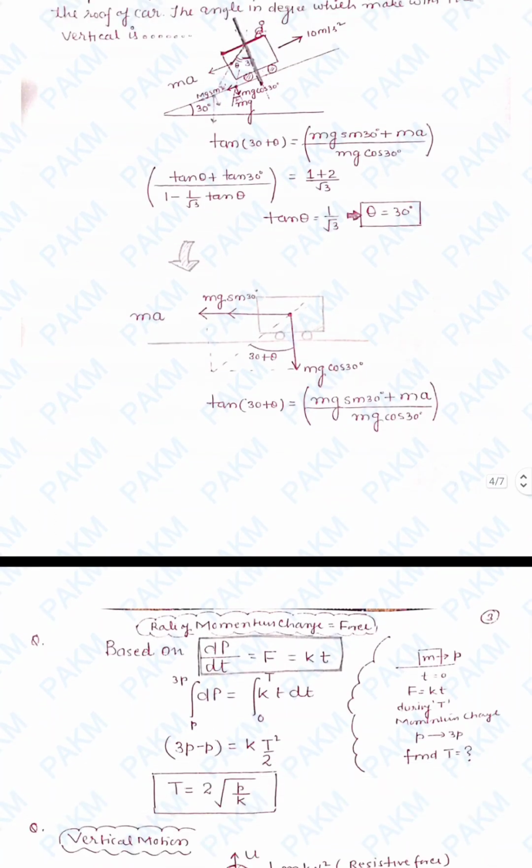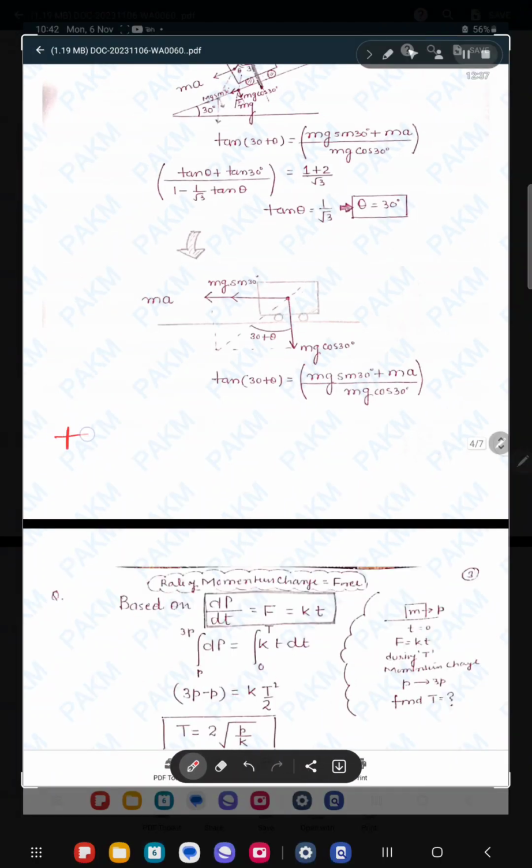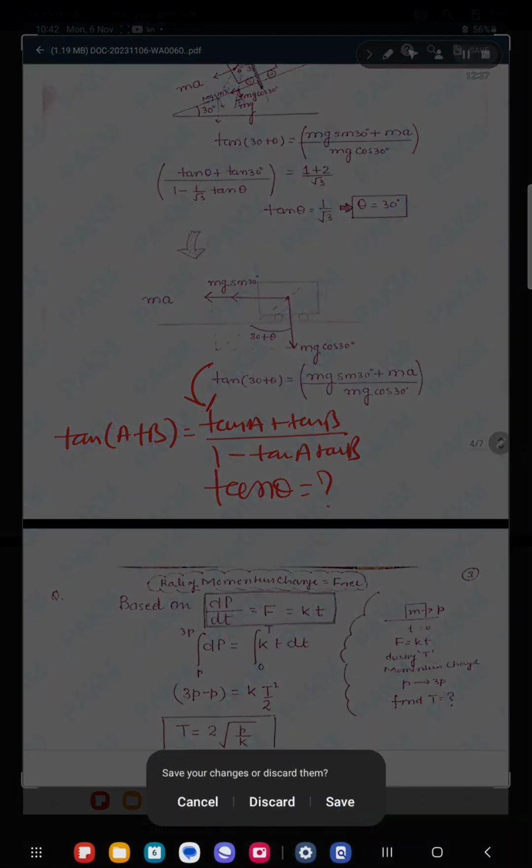Now this theta we are supposed to calculate, so we can take the tan a plus b formula: tan a plus tan b upon 1 minus tan a tan b. After applying it we will get the value of tan theta. So this problem is simpler.